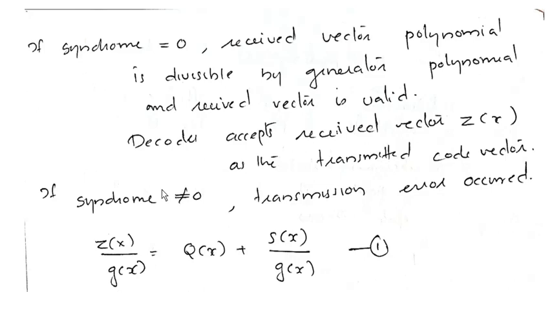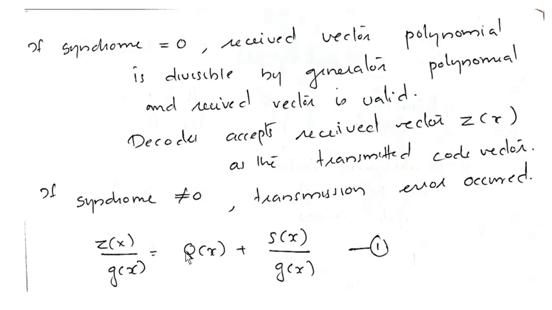First, the received code vector is divided by the generator polynomial. The transmitter and the receiver have the same generator polynomial. To find the syndrome and to find whether there is an error or not, the received code vector is divided by the generator polynomial. You will get the result as well as a remainder.